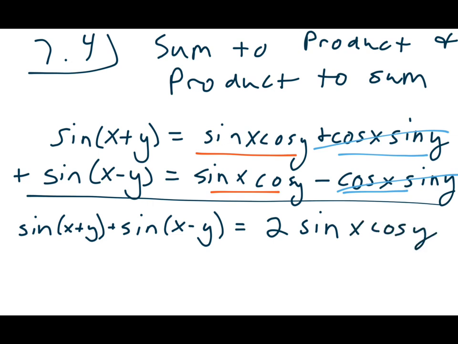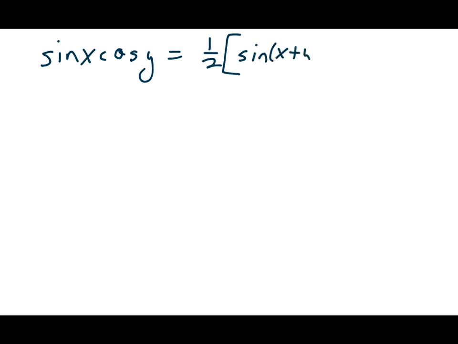So then if I divide by 2, I get sine of x cosine of y is equal to 1/2 of all that other stuff, which was sine of x plus y plus sine of x minus y.